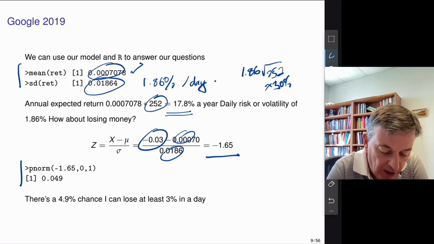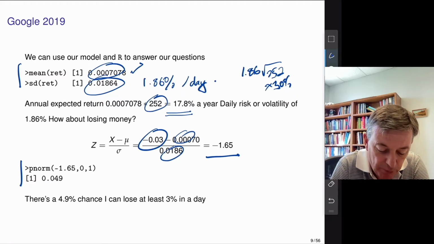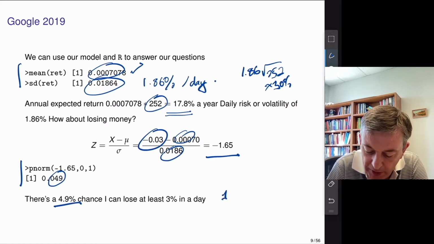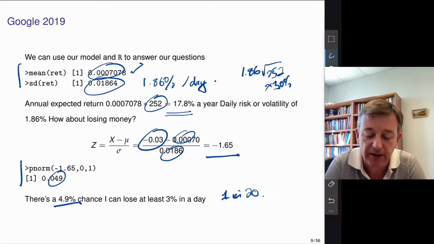And again, if I go to R, what's the probability from a standard normal that I'm less than or equal to 1.65? It's about 4.9%. So essentially, one day in 20, or approximately once a month, I shouldn't be surprised to see myself lose 3% a day, and vice versa on the other side of the coin. I shouldn't be surprised to make 3% in a day.